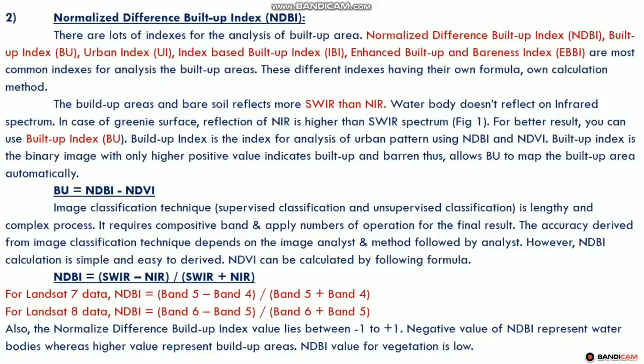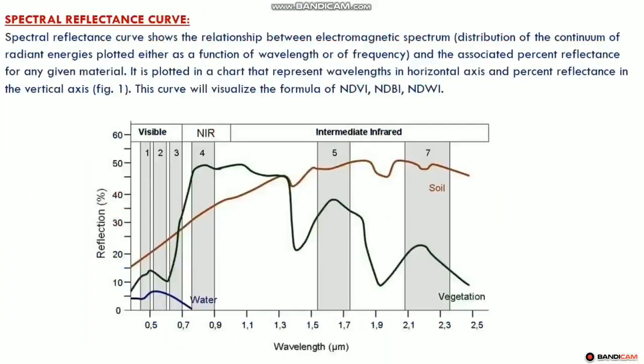Okay, now the built areas and bare soil reflect more of the short wave infrared than the near infrared. Now a water body doesn't reflect in the infrared spectrum. That's why you see when it was here, you can see it stopped at visible light. It didn't really cross through, it didn't make it through the infrared.